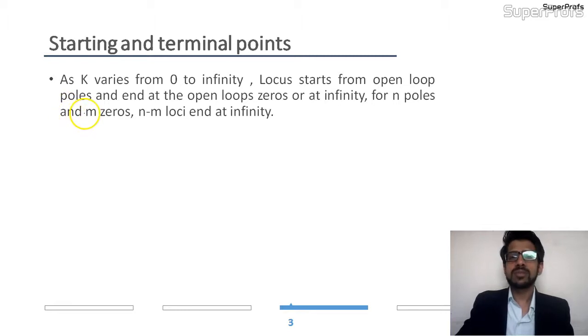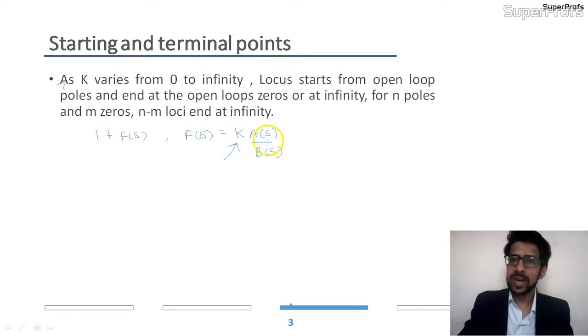As k varies from 0 to infinity in a particular transfer function, say 1 plus f of s, where f of s is nothing but k into some a of s upon b of s, the locus starts from open loop poles and ends at the open loop zeros, or at infinity. For n poles and m zeros, n minus m loci end at infinity.